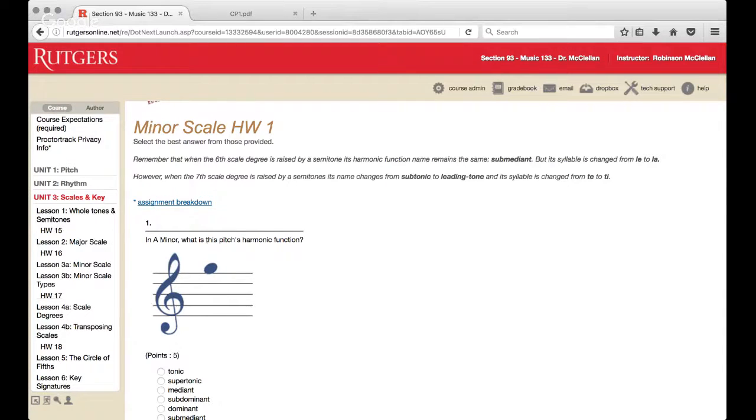You're sort of working backwards. The first one says, in A minor, what is this pitch's harmonic function? So you're given this pitch floating in space, no context around it, and then you're told what the context is. You're told that this pitch belongs to A minor. It exists in the key of A minor.